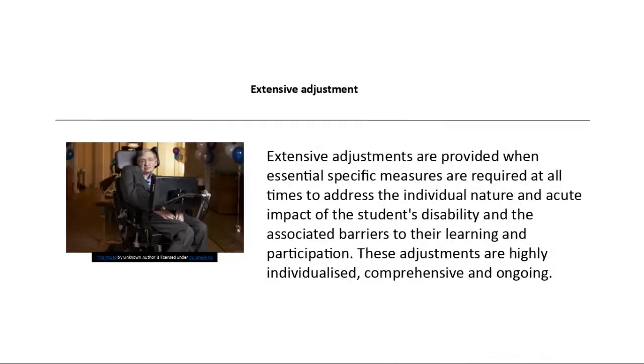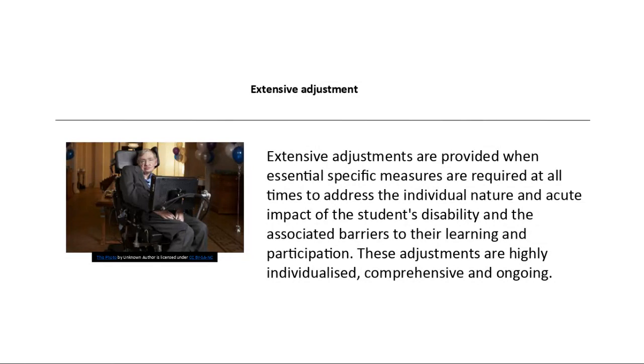Extensive adjustments are the highest level of adjustment. Highly individualized support is needed all the time in order to help the student or ensure that the student can participate in the academic and social life in the school. Now, again, that may be in certain categories, but not in others.